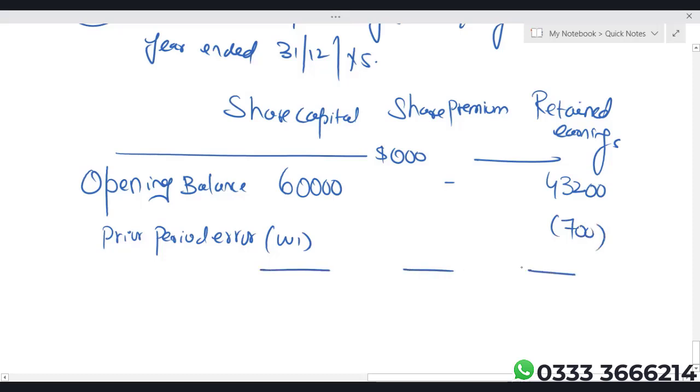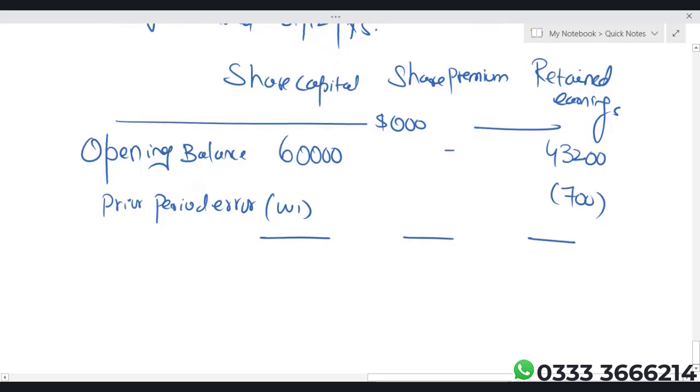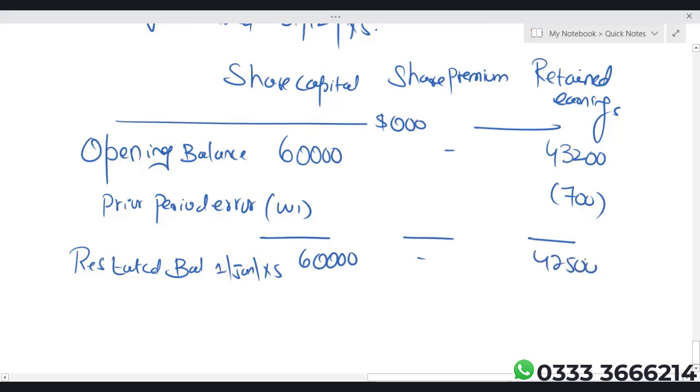This will give us the restated balance on 1st January X5. Obviously, share capital will remain the same, 60,000. 43,200 minus 700 gives us 42,500. During the year, they have issued a right issue.